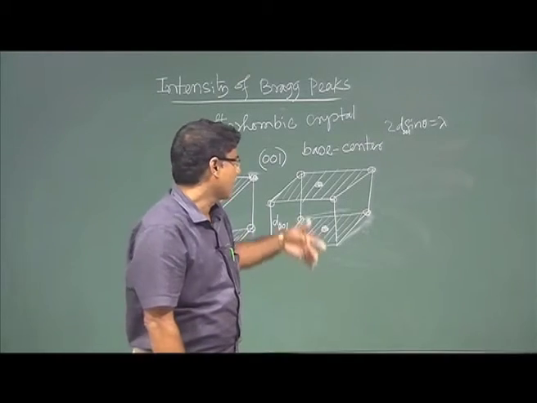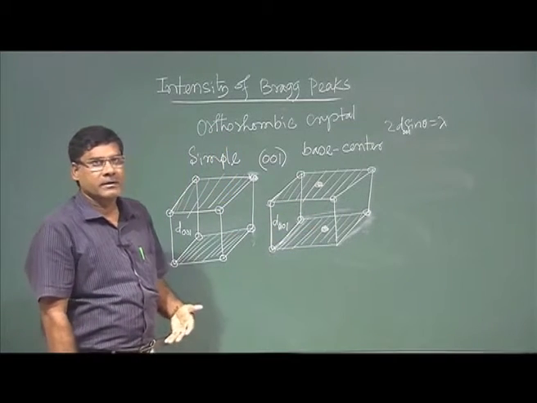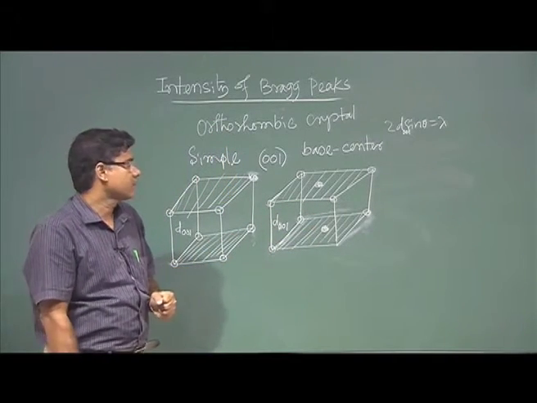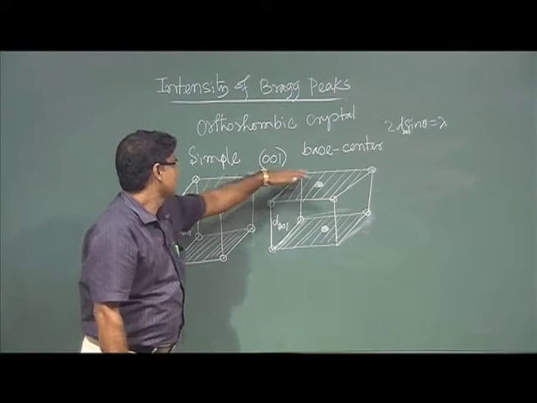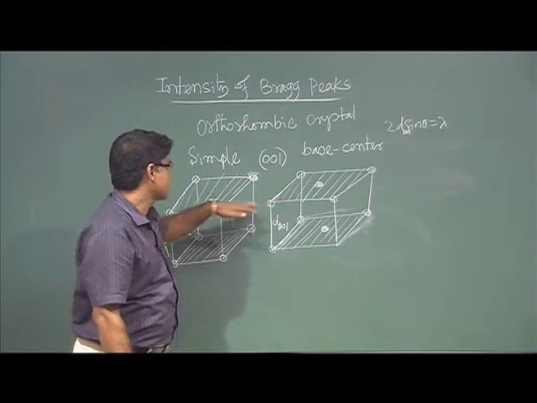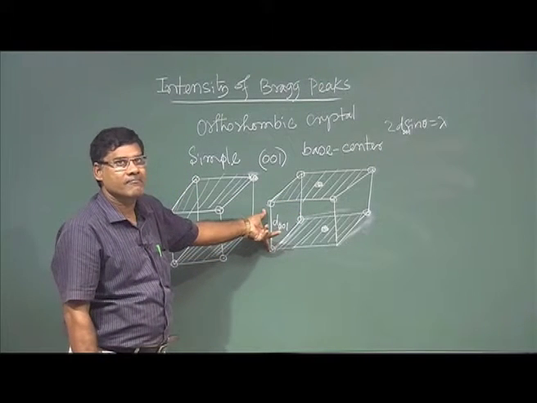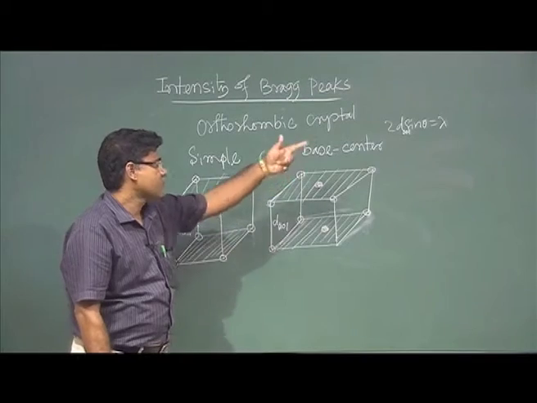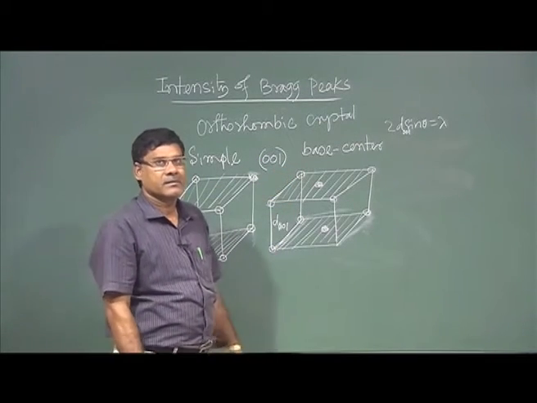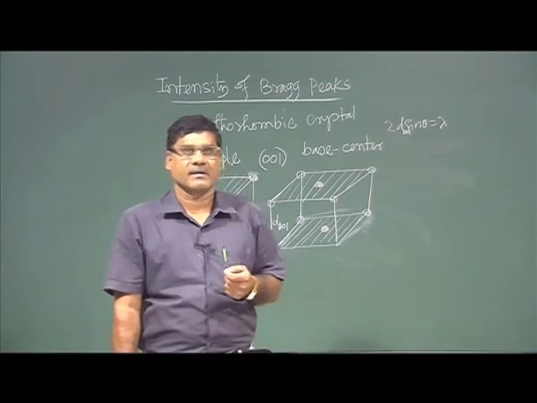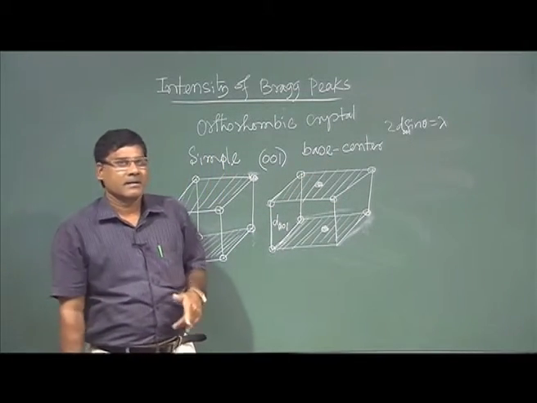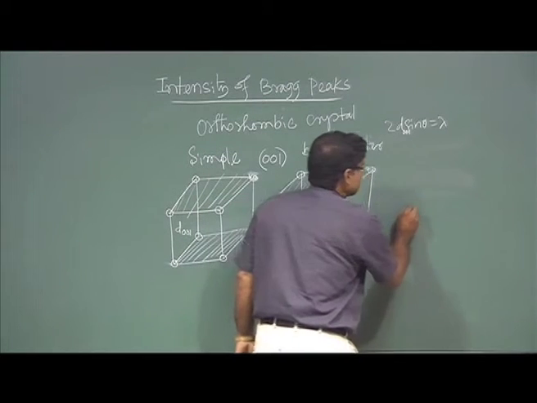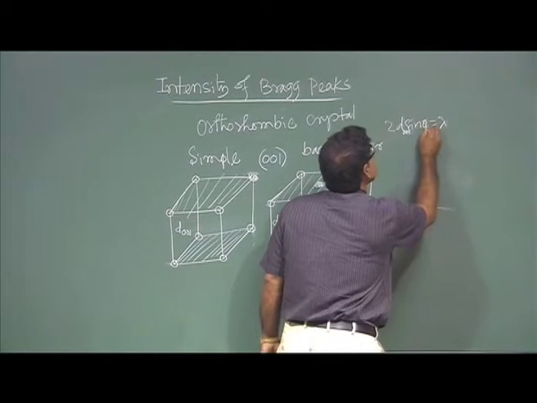Now, what about the intensity of that peak? In these two cases the lattice spacings are the same, and we are supposed to get the peak at a particular angle, which one can calculate. And then what about the intensity?